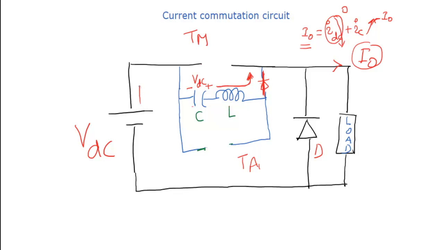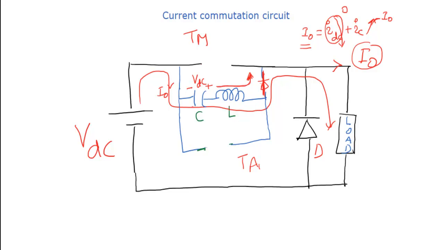That means the source is still supplying power to the load through the tank circuit, that is, the LC circuit and diode. In this duration, whatever energy is available with the capacitor plus this DC source, both supply energy to the load with the constant load current. That is nothing but the capacitor being discharged with the constant load current.